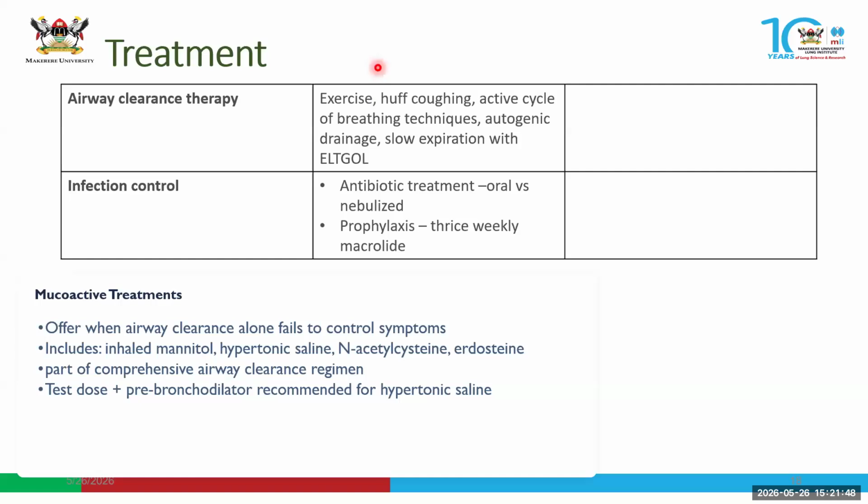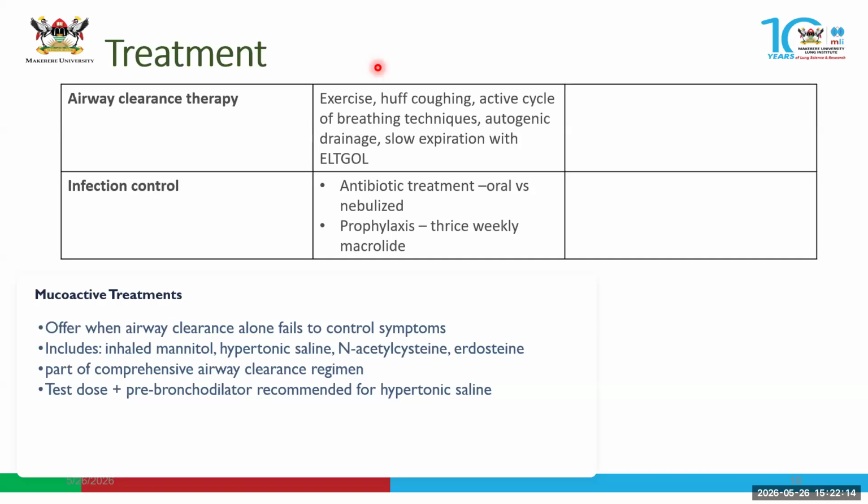In treatment, airway clearance is one of the major pillars when it comes to managing bronchiectasis, it being a syndrome with increased sputum production alongside the cough. So there are different modalities of clearing this, from non-device-based to device-based.